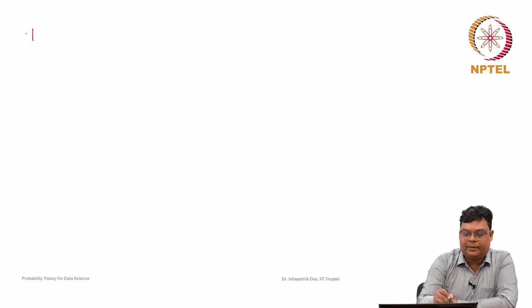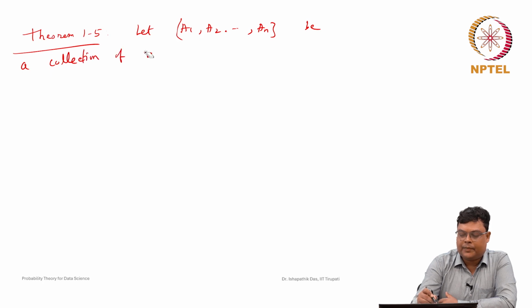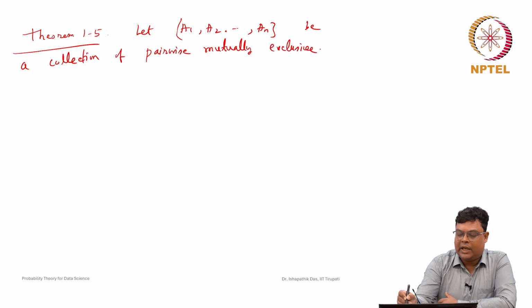So, theorem 1.5 says that let A1, A2, ..., An be a collection of pairwise mutually exclusive events.